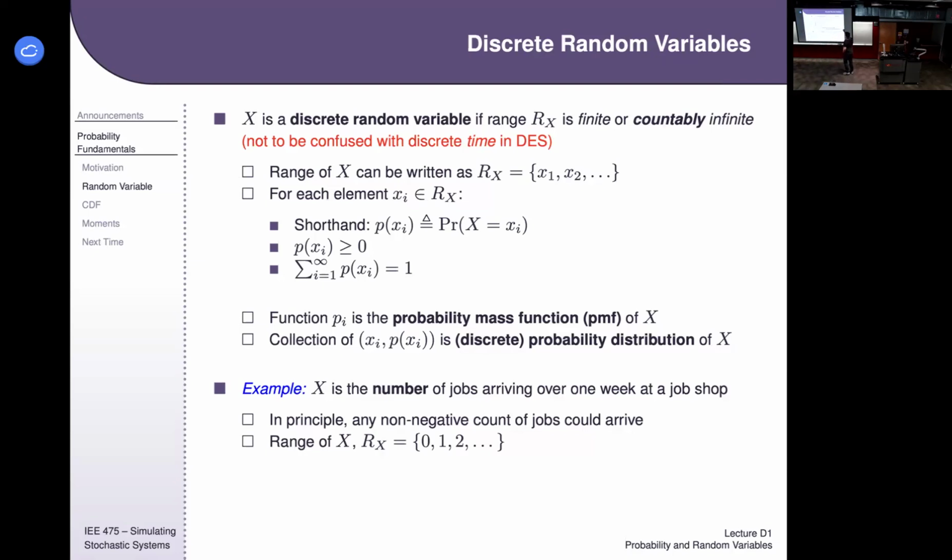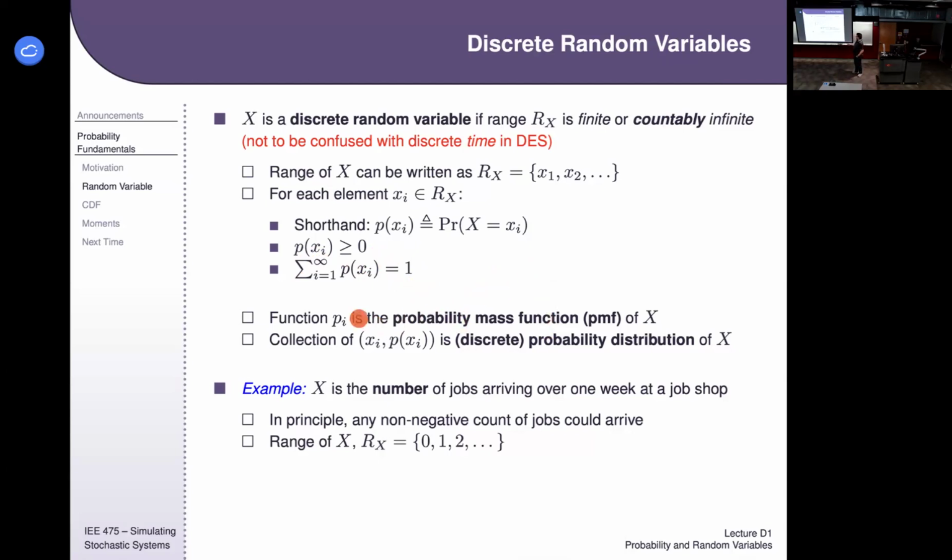But for discrete random variables, you actually do have non-zero probability for discrete outcomes. So we use lowercase p followed by an outcome to mean the probability that the random variable is equal to that outcome. Mathematically, but very often we'll just use this notation here. Those probabilities all have to be non-negative, and they all have to sum up to 1. This little p, we're going to call the probability mass function, or PMF.